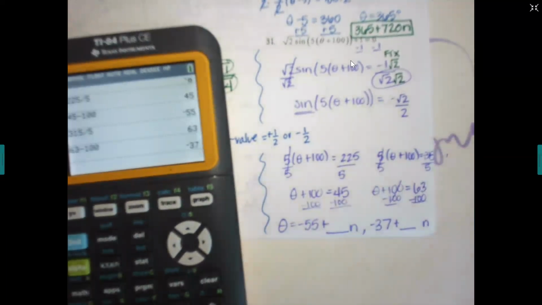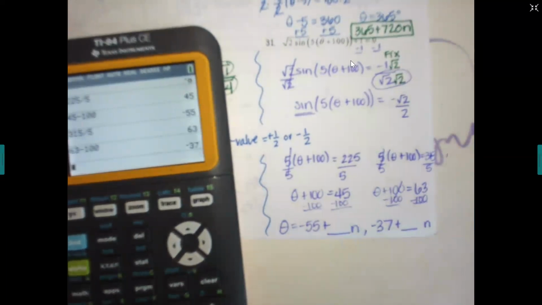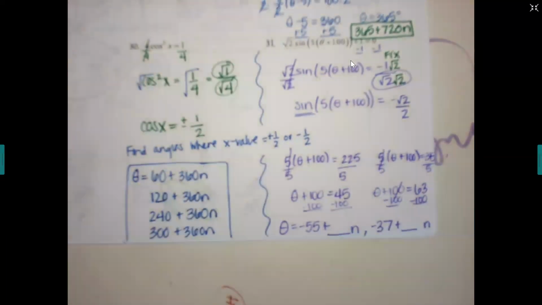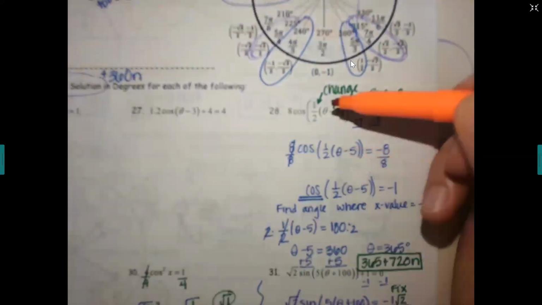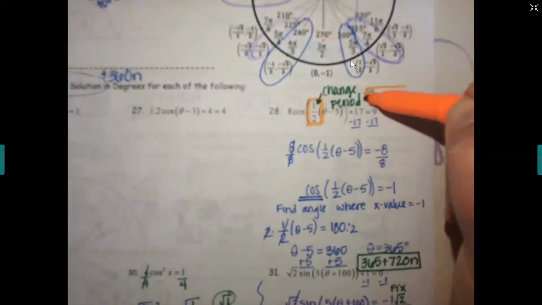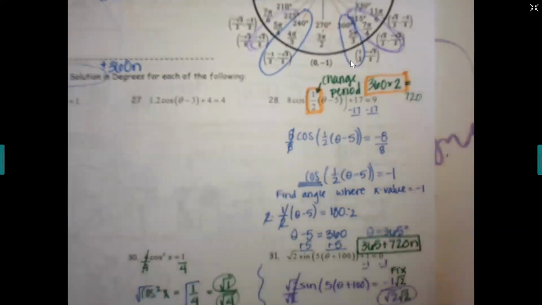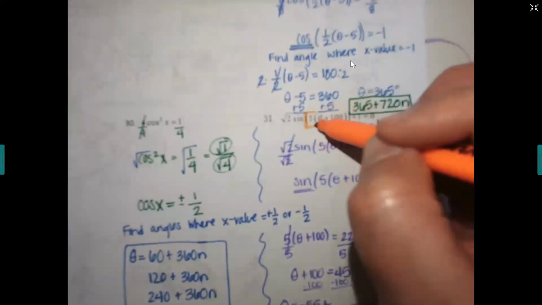And then remember, the reason I can't put 360 is because if there's a number between your parentheses, that changes your period. So for example, remember on the last one, it was the 1/2 and we multiplied by 2. Well, then for this one, it's a times 5.